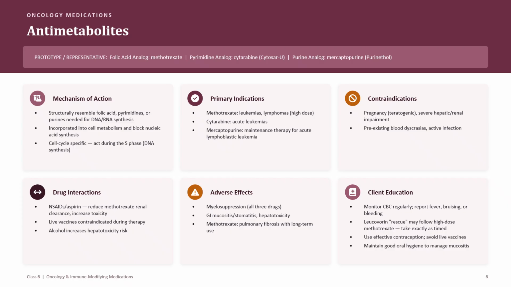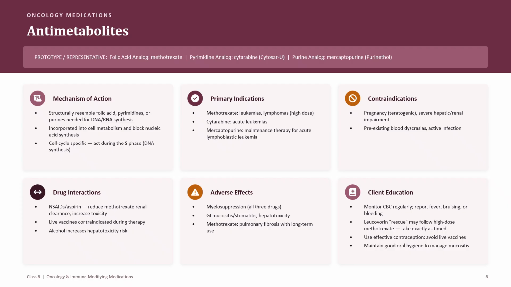Because it's not really folic acid, the DNA does not synthesize. It stops right there inside of the cell, and it stops that cell from being able to go through the S phase of the cycle. Because it happens specifically at the S phase, these antimetabolites are considered cell cycle specific medications.